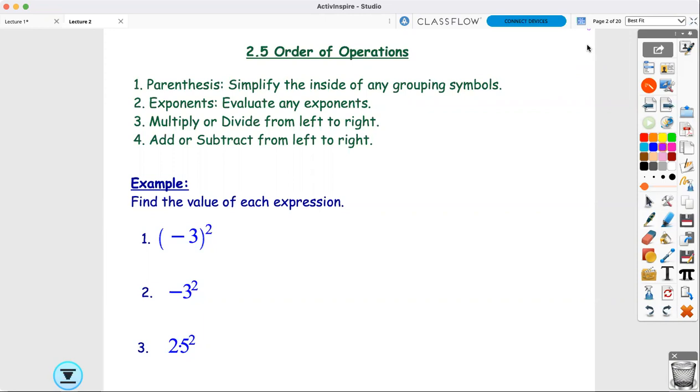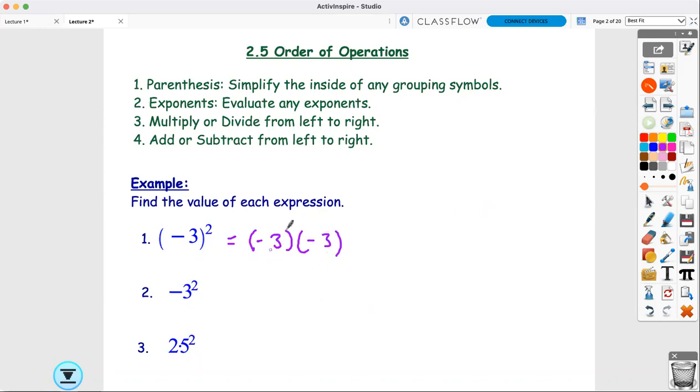Find the value of each expression. Numbers 1 and 2 show what happens when we have parentheses around the negative number. So negative 3 squared is pretty much saying negative 3 times another negative 3.